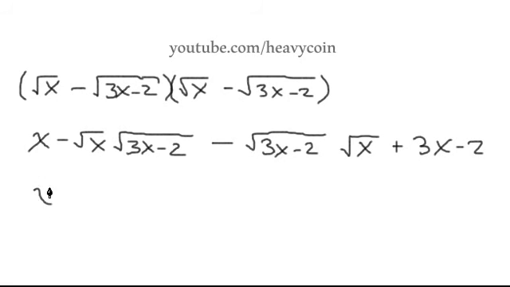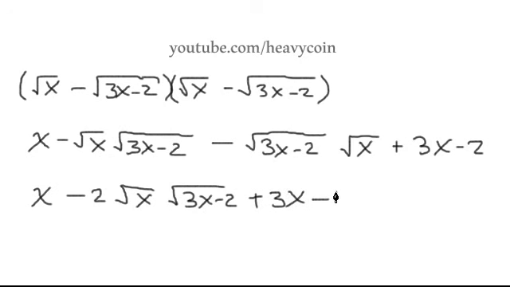Now we want to simplify this. So we have two of the same terms here. And I'm going to write it like this. So 3x minus 2, and then we have plus 3x minus 2, and now what we're going to do is collect up some like terms, so these two are like. So that becomes 4x minus.